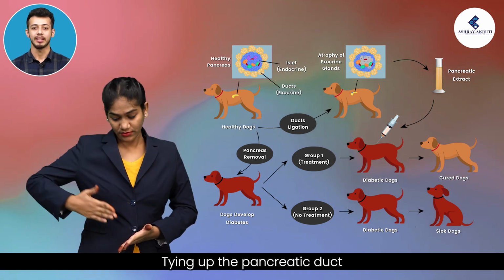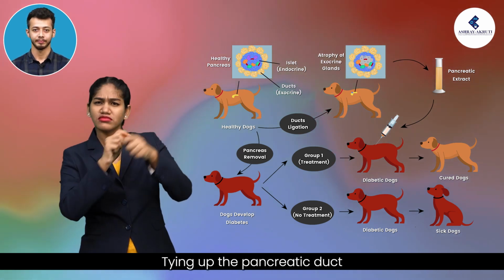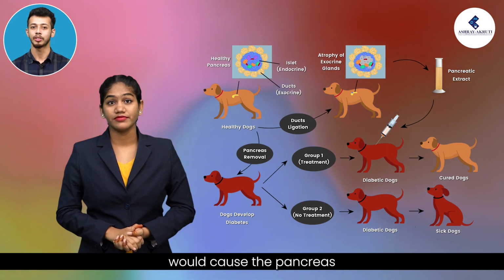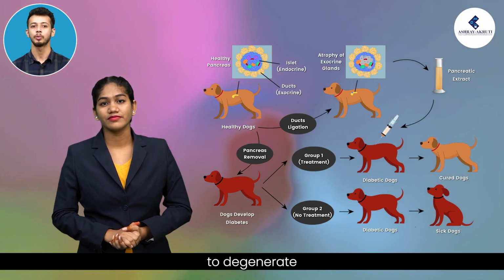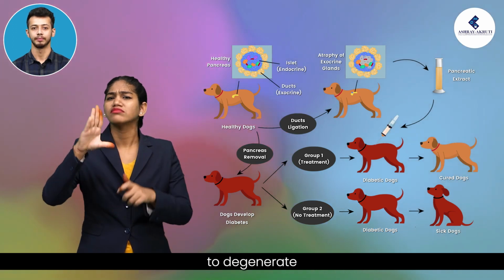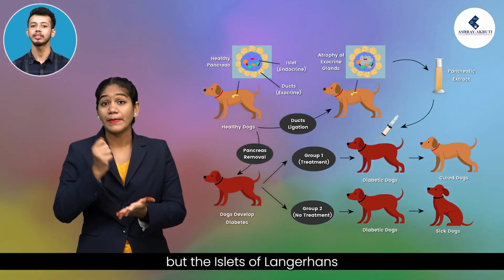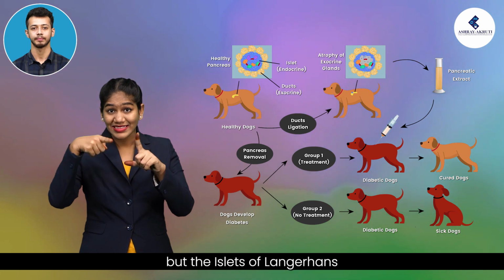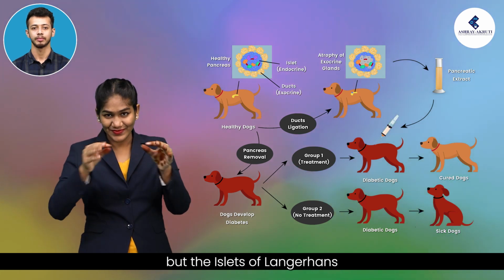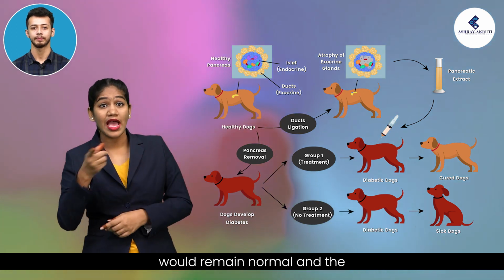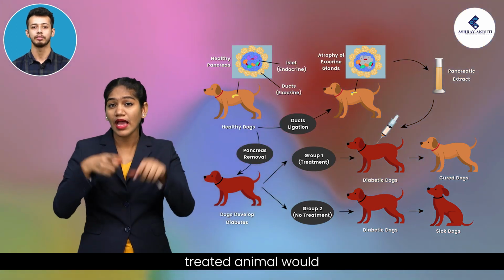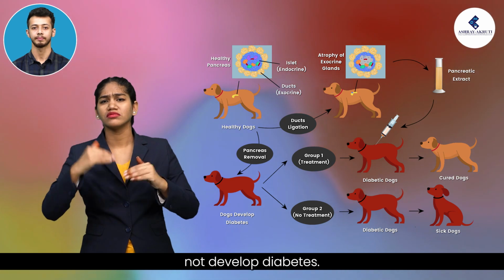Tying up the pancreatic duct would cause the pancreas to degenerate, but the islets of Langerhans would remain normal and the treated animal would not develop diabetes.